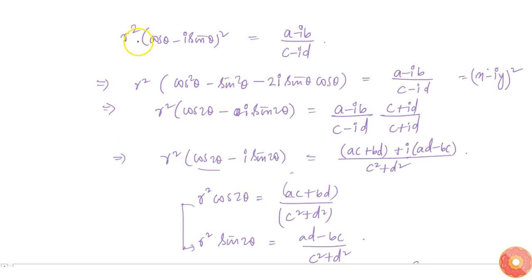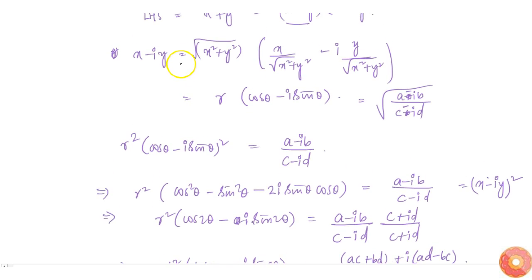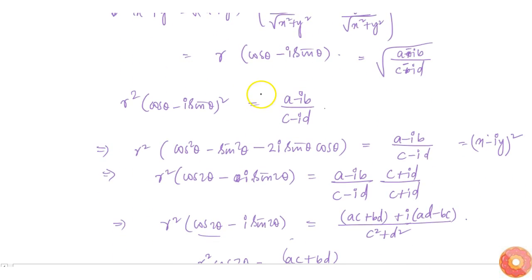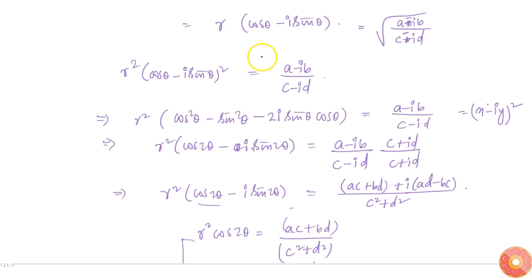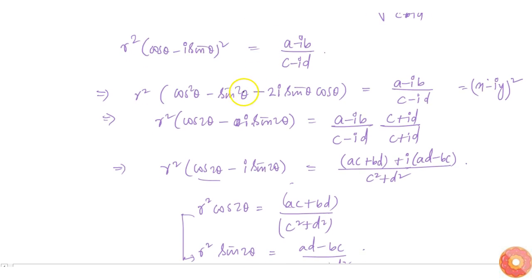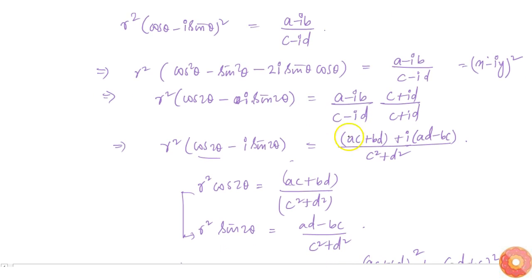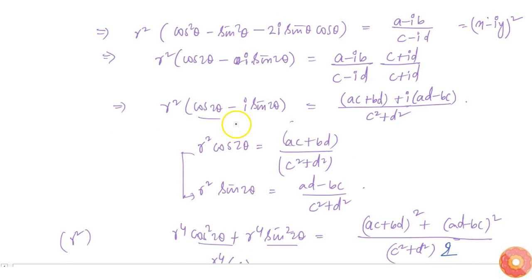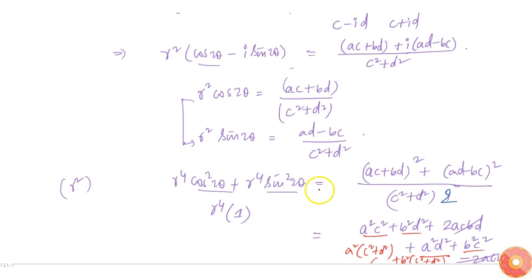So r square into cos theta minus i sin theta whole square, I just squared, so that will become r square into cos 2 theta minus i sin 2 theta, equal to the right hand side. So r square cos 2 theta became the real part and this became the imaginary part.